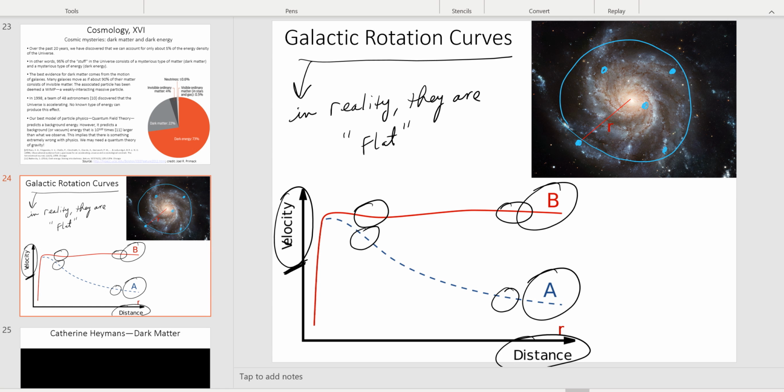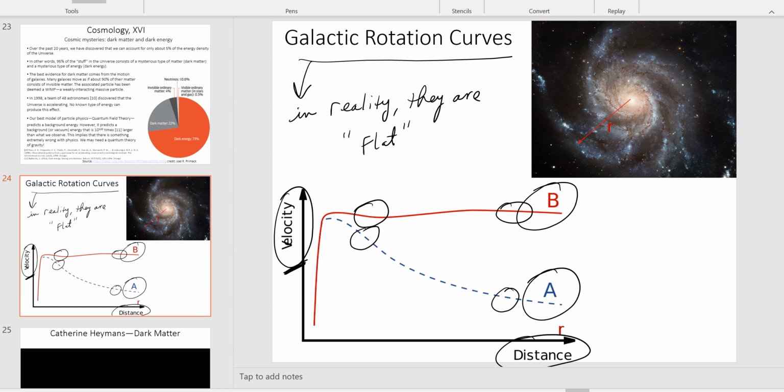And there are two explanations that might come to mind. One explanation might be, well, maybe our understanding of gravity is incorrect, because as I mentioned to you, we get curve A by taking our understanding of gravity and plugging in data from a given galaxy. We figure out what is the approximate mass distribution of the galaxy, where the mass is in the galaxy, and then we throw that into our equations.